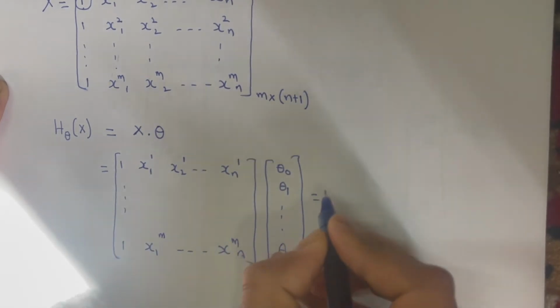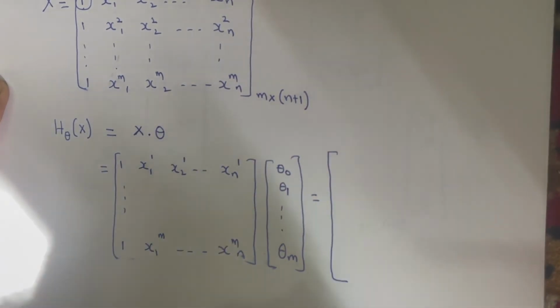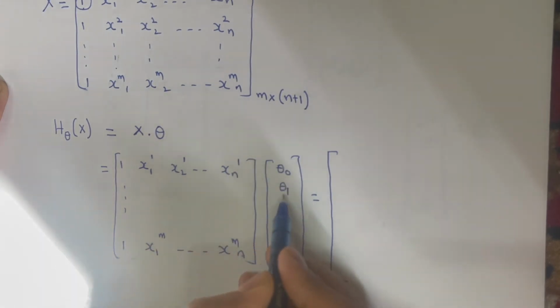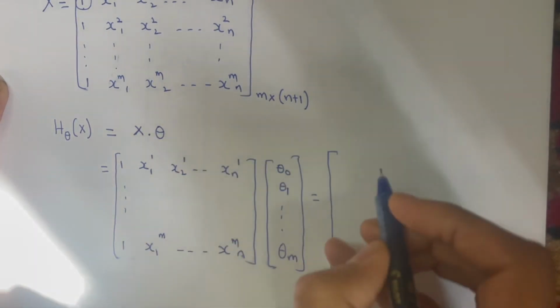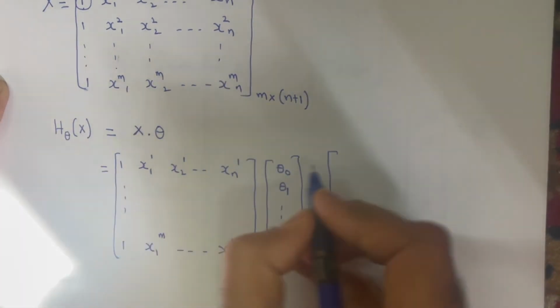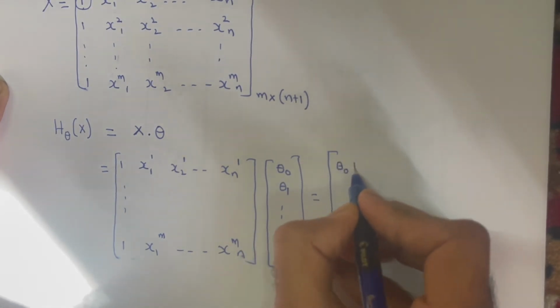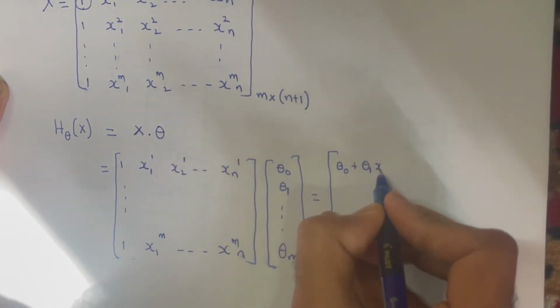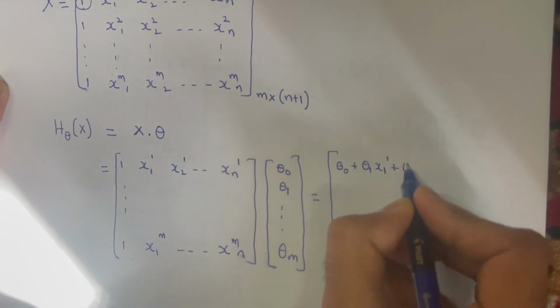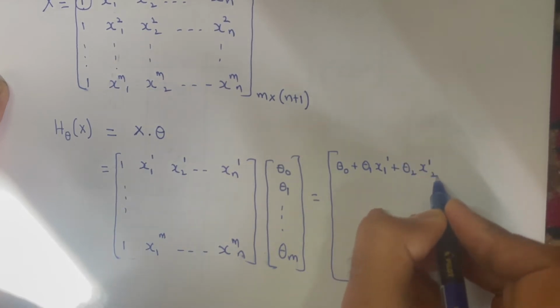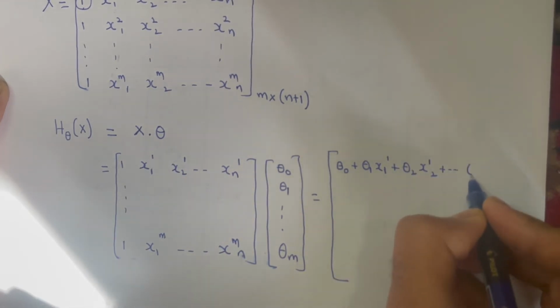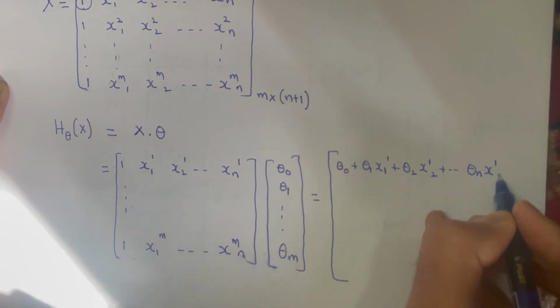And if we do the matrix multiplication, the first row multiplied with the first column will be theta 0 into 1, that is theta 0, plus theta 1 x11 plus theta 2 x12 plus ... theta n x1n.